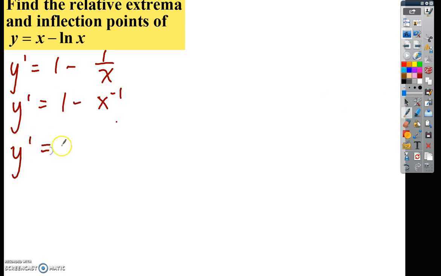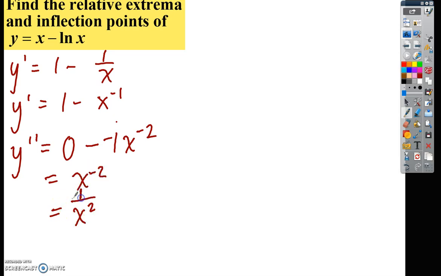So y double prime is going to equal 0 minus negative 1 times x to the negative 2, which is equal to 1 over x squared. So that's y double prime.